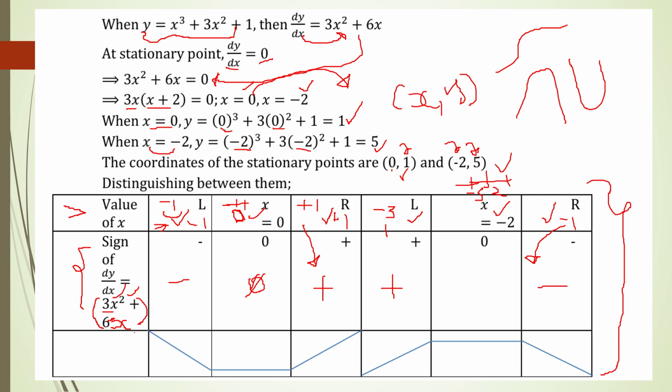Now the third row is going to constitute the nature of the curve. Under the nature of the curve, we strictly depend on the sign. If at all the sign is negative, you go down diagonally. If at all the sign is positive, you go up diagonally.